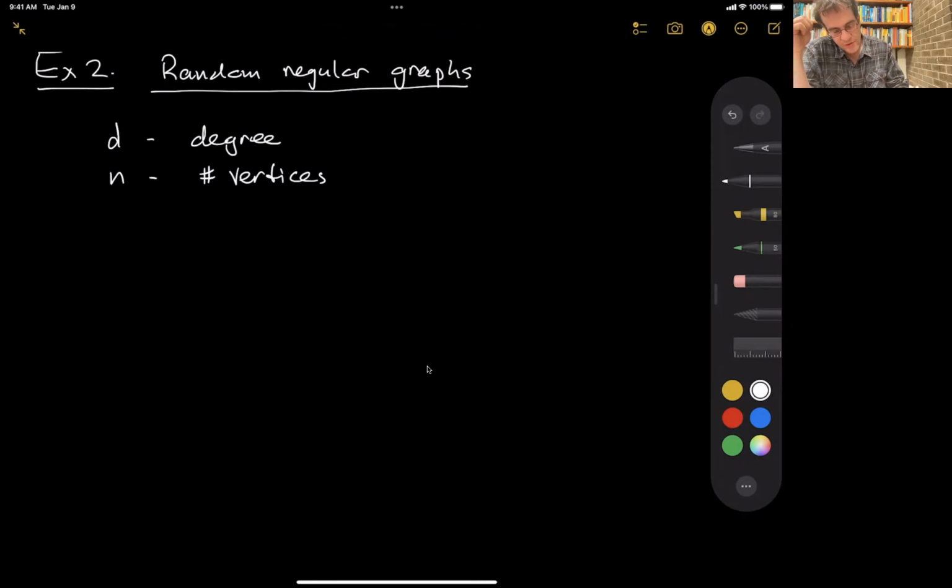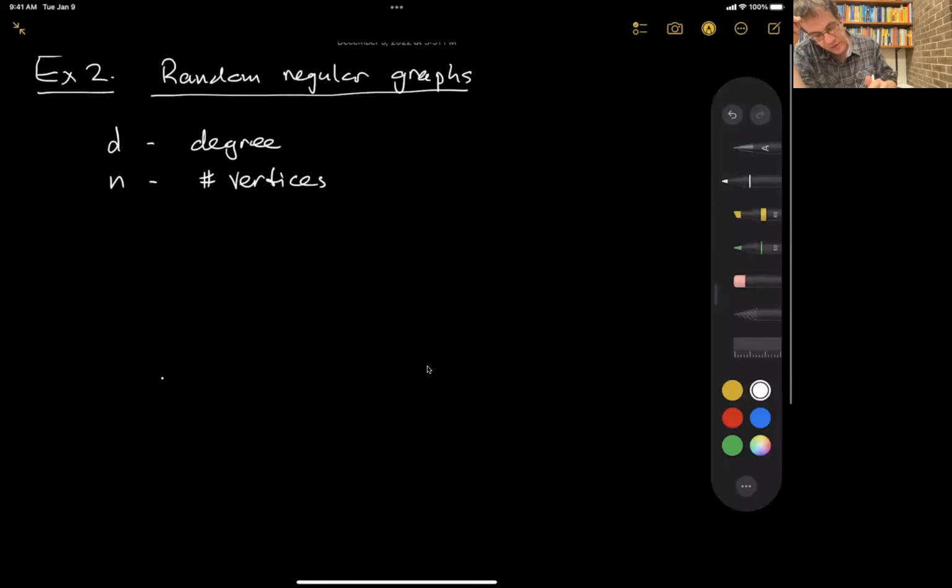And it turns out that when the degree is fixed, all of these different models of random regular graphs are more or less the same. They're at least contiguous, which means that most answers of things that happen with probability 1 are the same in all of these models. But you might also want to understand what happens if you allow the degree to diverge with the number of vertices.